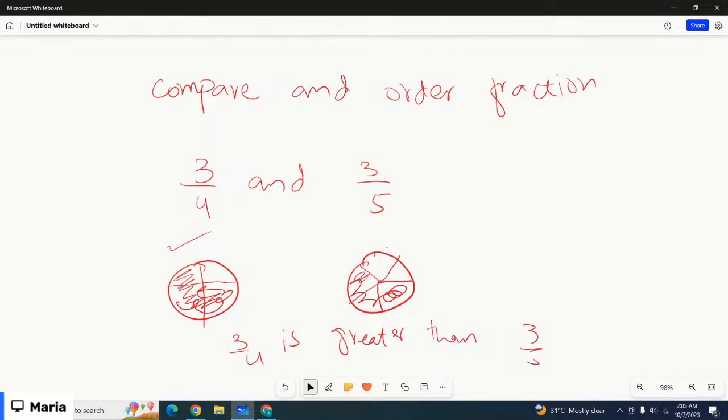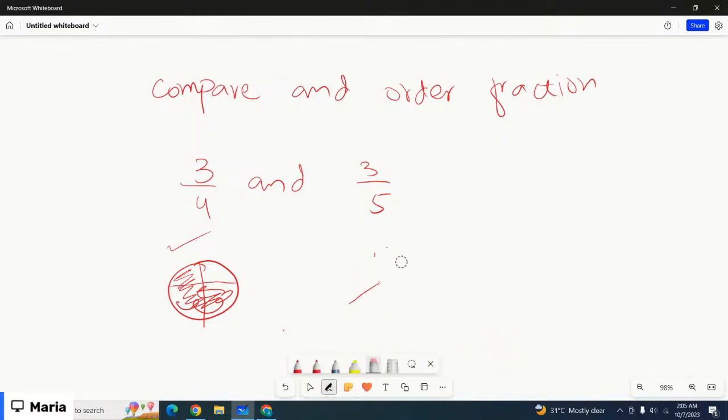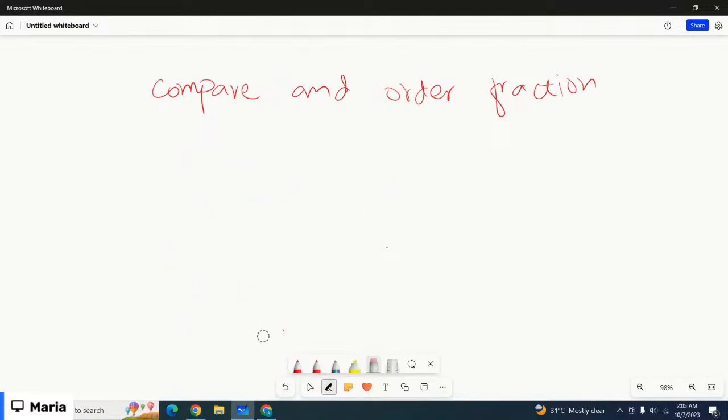Okay, let's see another example. We need to compare 1 by 4 and 1 by 2.